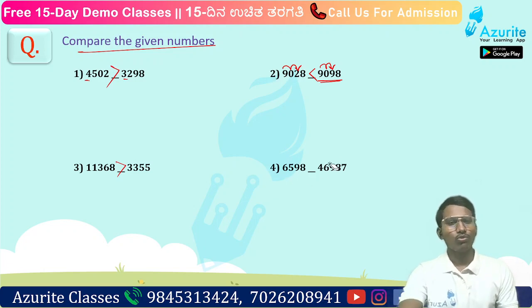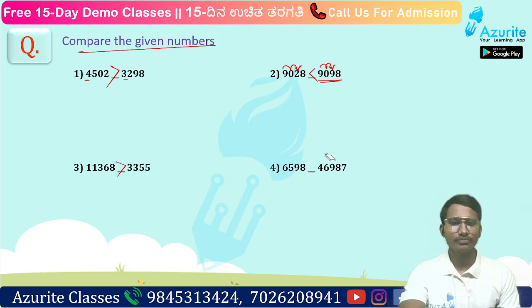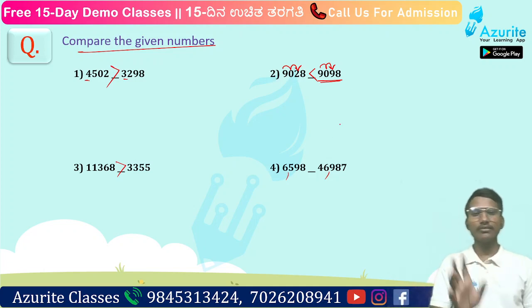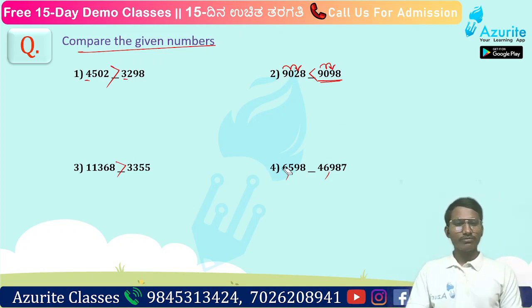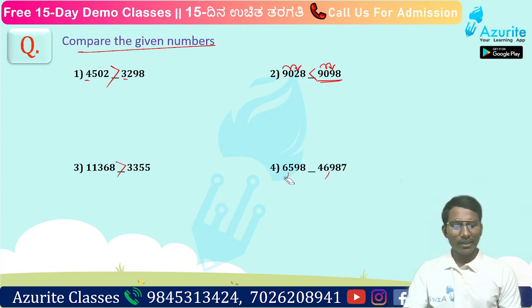Now what about the fourth example? Here what will be the bigger number? Yes, what is the bigger number? 65,000? Here it is 6,598, and here it is 46,987. Okay, so if you see, how many digits are there?